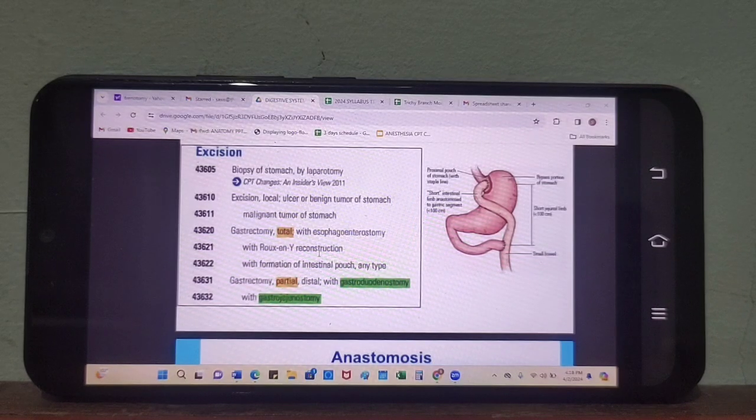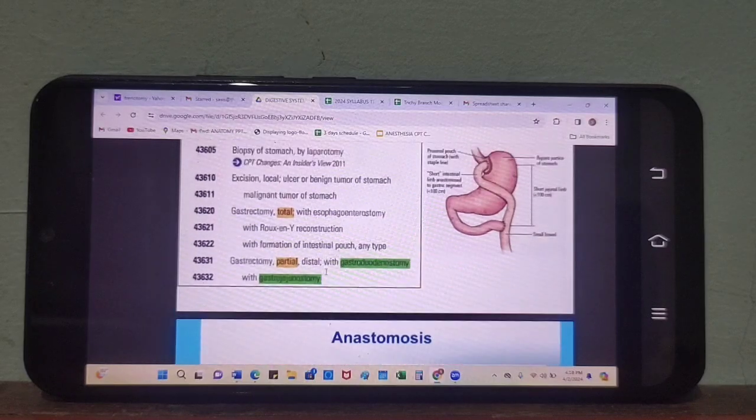But in the first section, the stomach is completely removed and the esophagus is directly connected with the intestine. So in the Roux-en-Y anastomosis only, we have 10%.